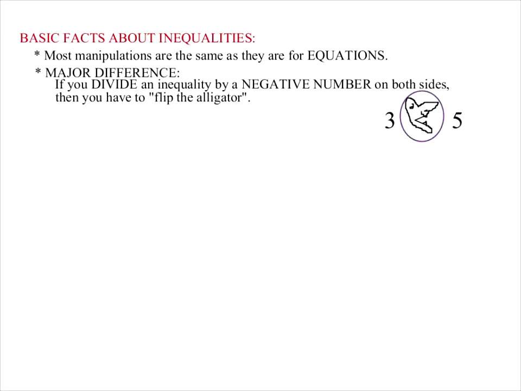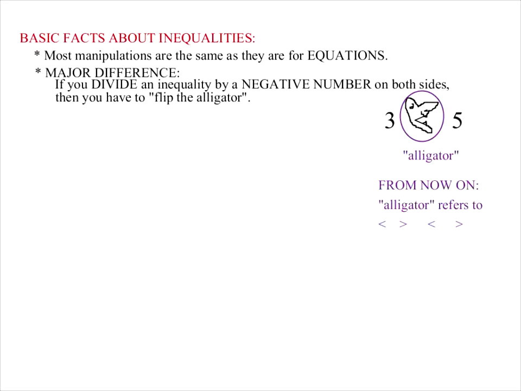So I know it seems a little bit facetious right now, but there's an important reason why I'm doing this. So from now on, when I say alligator, this refers to less thans, greater thans, less than or equal to's, and greater than or equal to's.